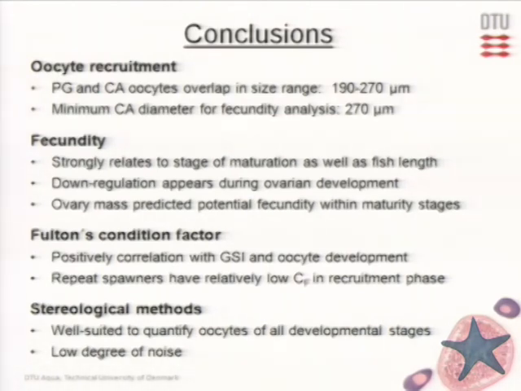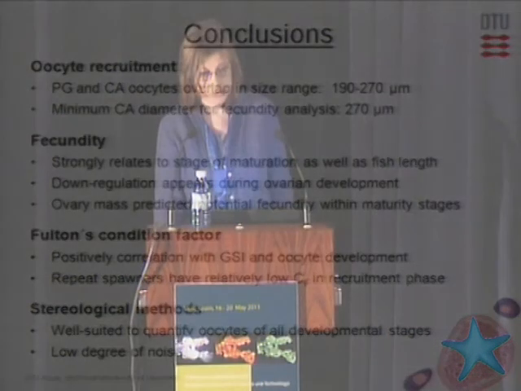And from those distributions, we could see that the minimum cortical alveoli diameter for fecundity analysis should be 270 micrometers, and that gave us an exclusion criterion for specimens in the study. In relation to fecundity, we had a clear relation to the maturation state as well as to the fish length. We saw a downregulation which continued throughout the ovarian development.